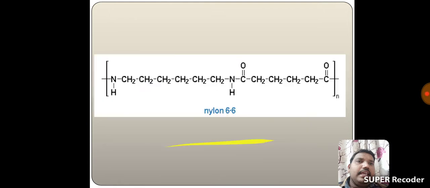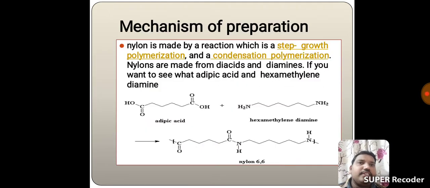Next one, see the mechanism of preparation. Nylon is made by a reaction which is a step growth polymerization and a condensation polymerization. Nylons are made from diacids and diamines. This is the adipic acid, this is the hexamethylene diamine.